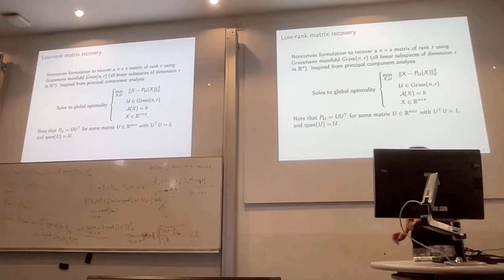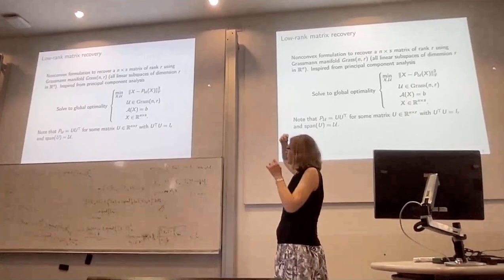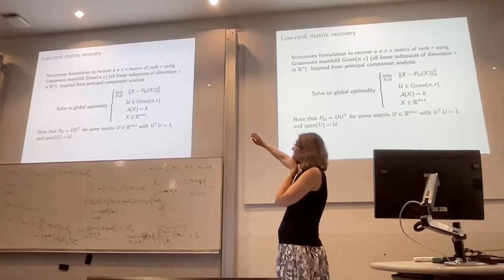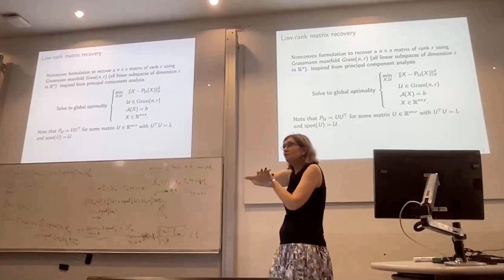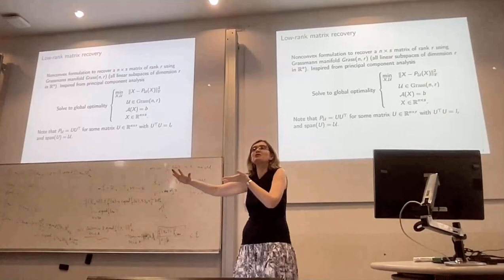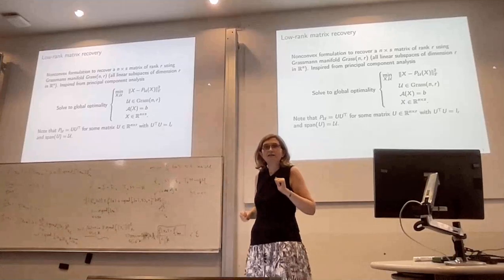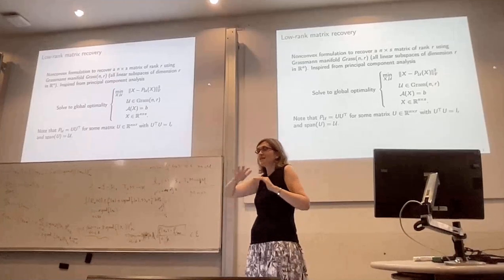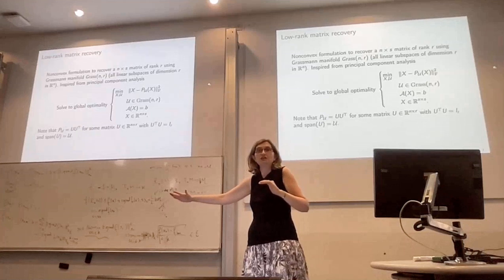But you can also have a Riemannian geometry approach to this. So what we say in this Riemannian approach is, I'm looking to find X, and I'm looking to find the subspace on which it lies. Right? So I'm saying X is low rank, rank R. So find me the subspace U, of dimension R, on which it lies.